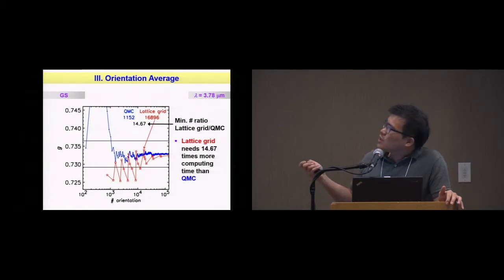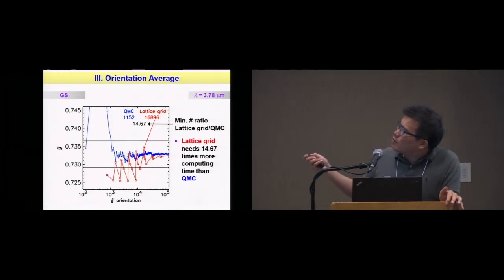Next one is the lattice grid represented by the red one, and it requires a much larger number of orientation averages, and we calculate this mean ratio of the number of orientation averages. For example, a lattice grid required about 15 times more computing time than QMC.